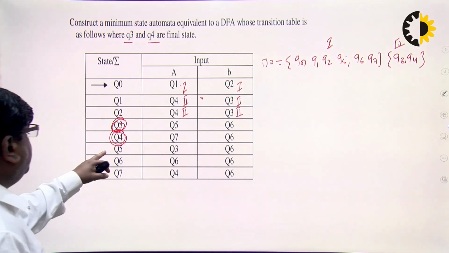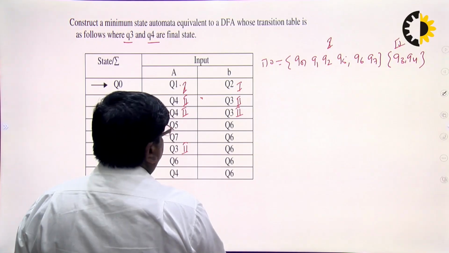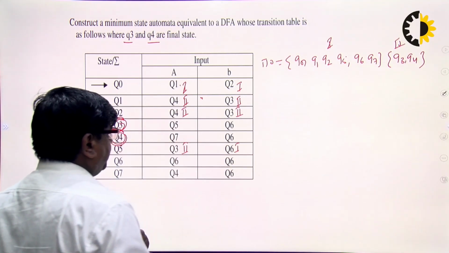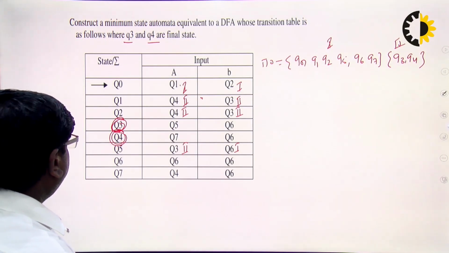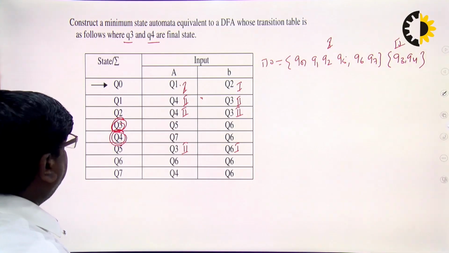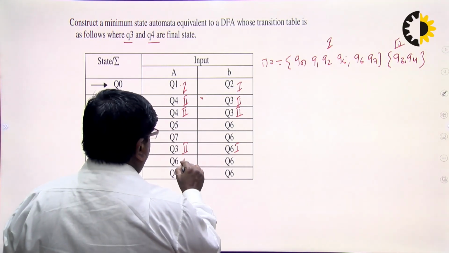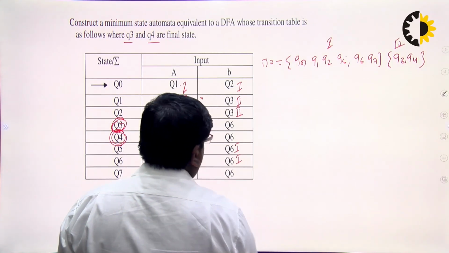Now, again check Q5, Q3, here is 2, Q6, here is 1. Q5, Q6, Q6 in 1 and Q6 here again 1.